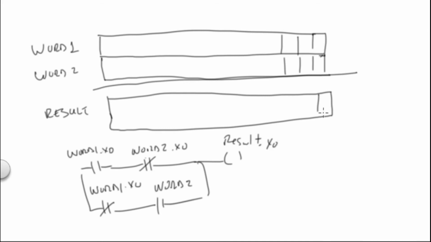So one but not the other. This one but not this one gives me this one. This one but not this one gives me that one. And this describes that. It's called a half adder.